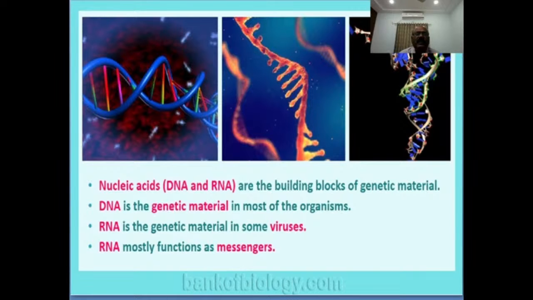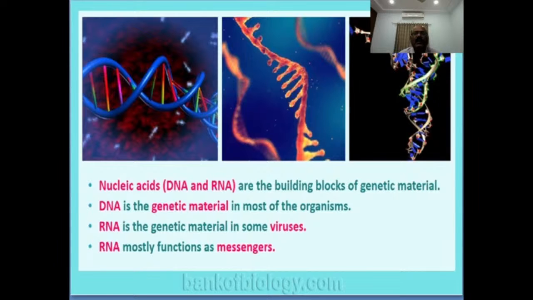Generally, in living organisms we can observe three types of RNAs: mRNA, tRNA, rRNA. Later I will explain the functions of RNAs. RNA is also found in all organisms except some viruses. RNA in the majority of the organisms functions as messengers, that means it is generally involved in protein synthesis.